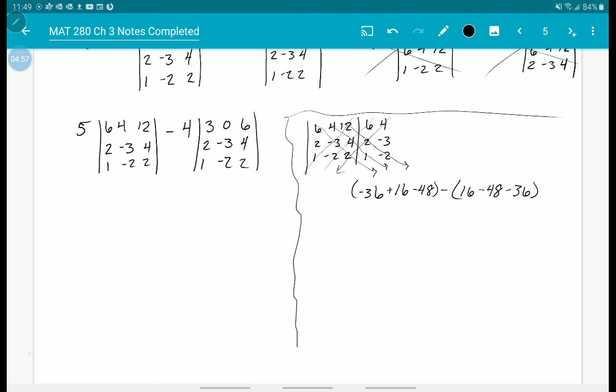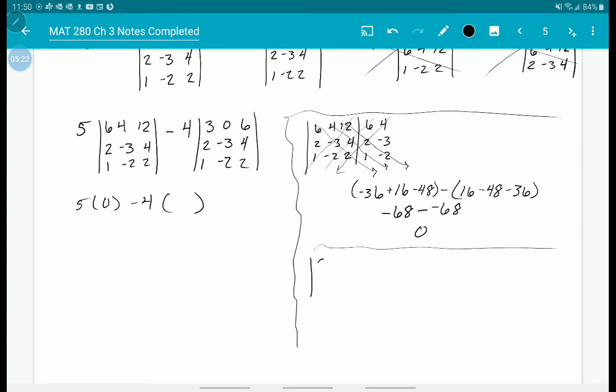So there's negative 68 minus negative 68, which is 0. So this is 5 times 0 minus 4 times something. Now let's figure out what that something is.